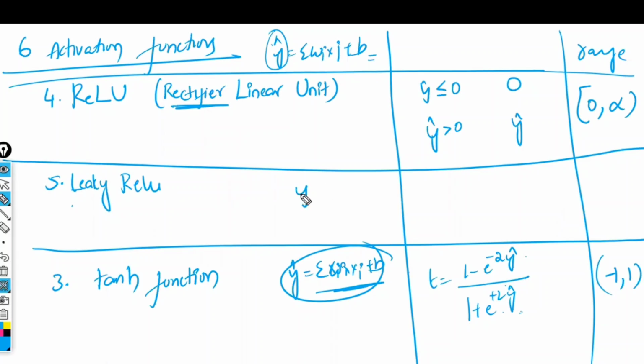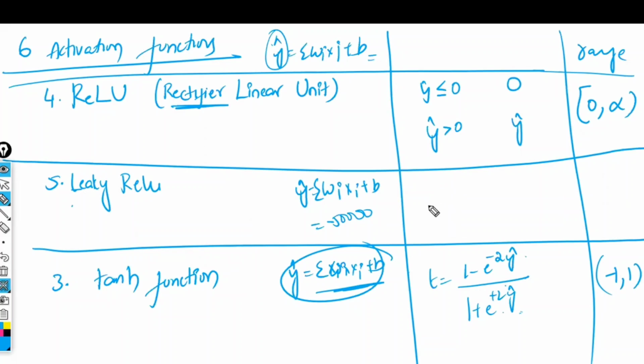Leaky means, sir, sigma wi xi plus b, if it is minus 50,000, simply converting to 0. Why are you doing like that? If you convert to 0, what happens is the neuron will die, because there is no use of that neuron. The output of the neuron is 0 means there is no use of that neuron. At the end, there is no output.